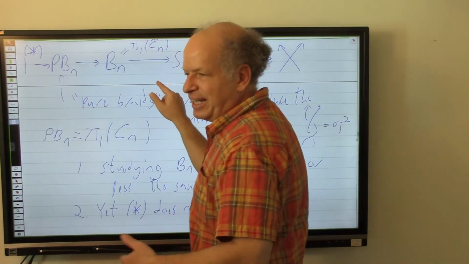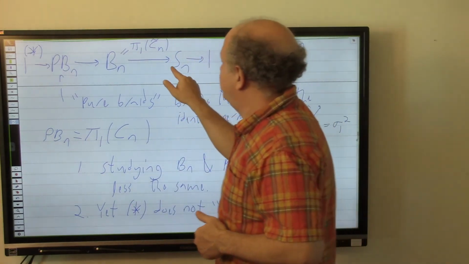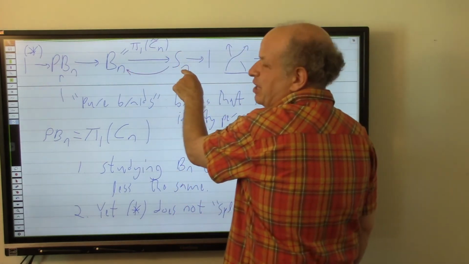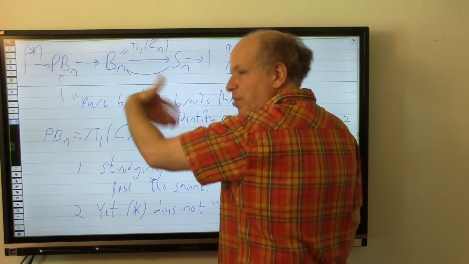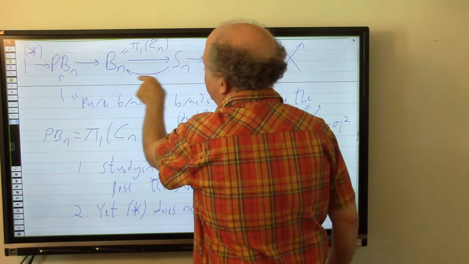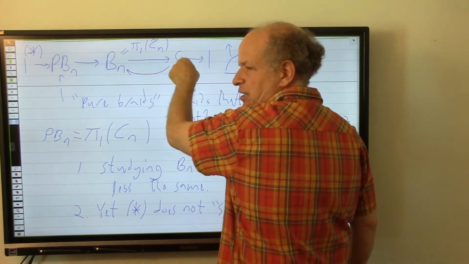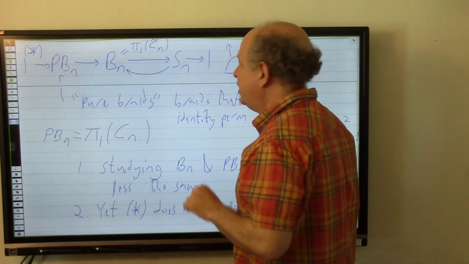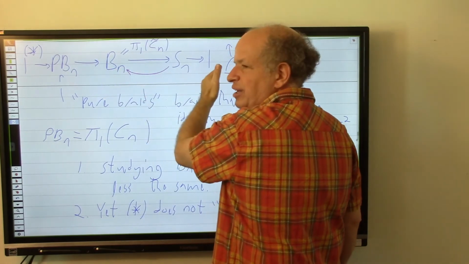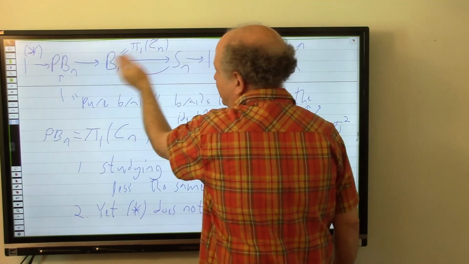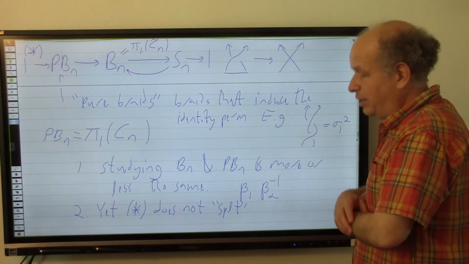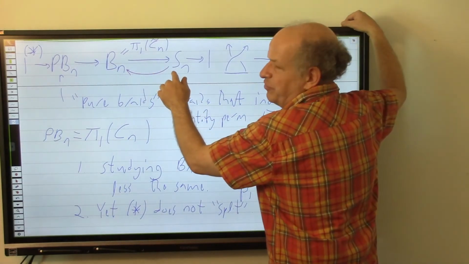A short exact sequence is called split if there is a map from the last thing to the second to last thing, a homomorphism of groups, such that following this map and then going this way is the identity. So in other words, there is no map from Sn to Bn such that the composition is the identity.